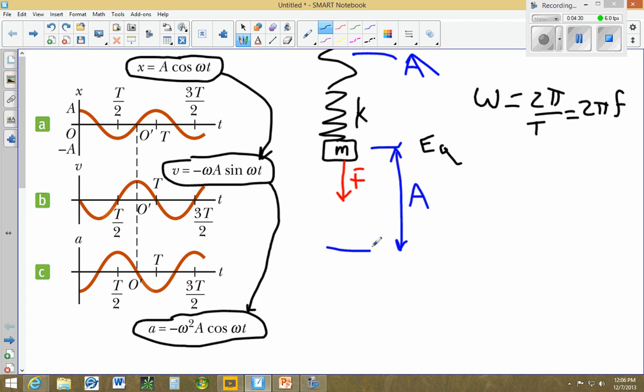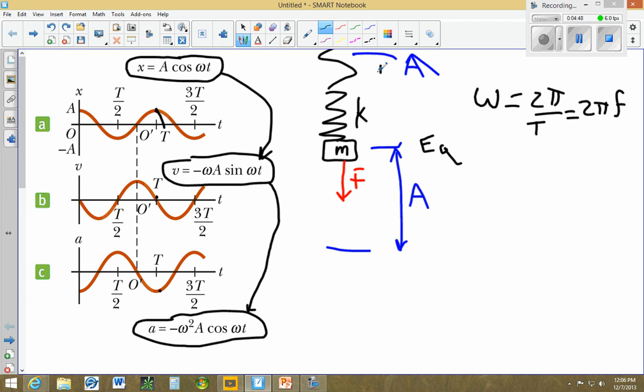When it gets up here to A or down here to A, it's got its largest acceleration, because see, when it's at A, if you just go down, that's 0, but this is max. So it's got a 0 velocity at both ends, at both A's.